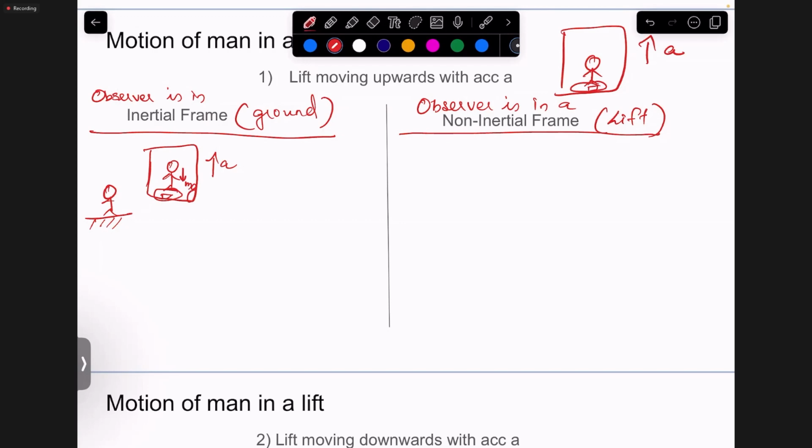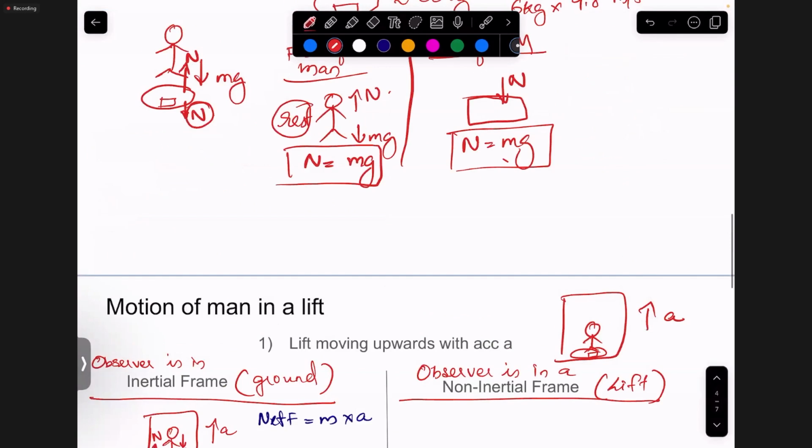So for the person standing in the inertial frame, net force equals mass times acceleration. So what is the net force? We know there is a reaction force from the ground on this man. The FBD of the man we have already discussed.